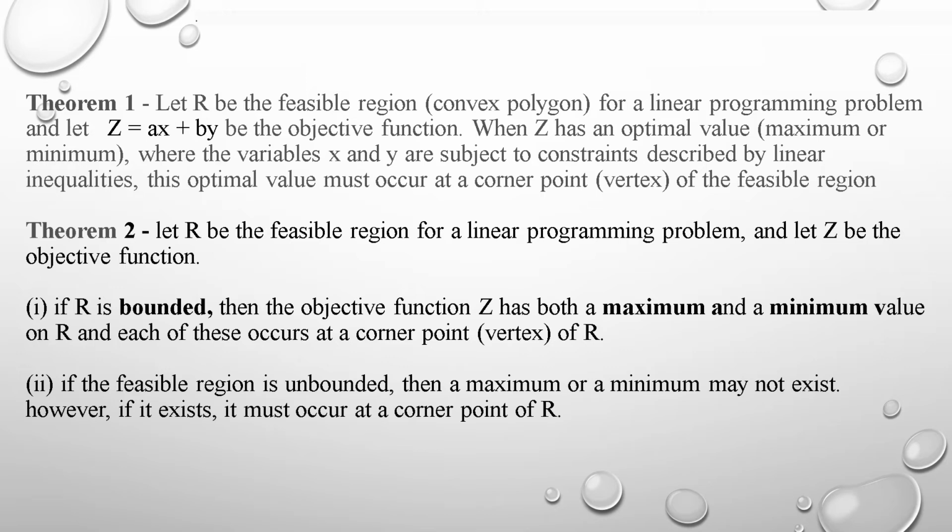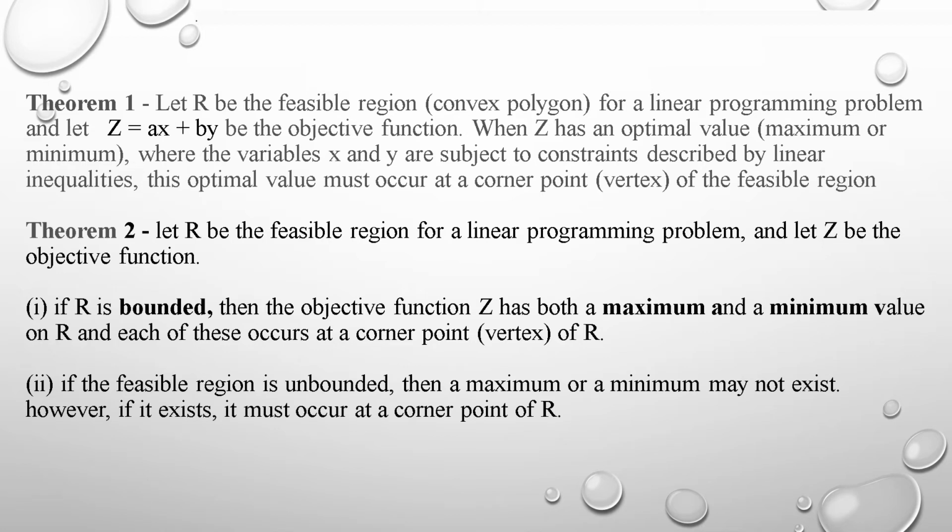That is, if we are maximizing or minimizing the objective function, then the maximum or minimum value will occur at a corner point of the feasible region.